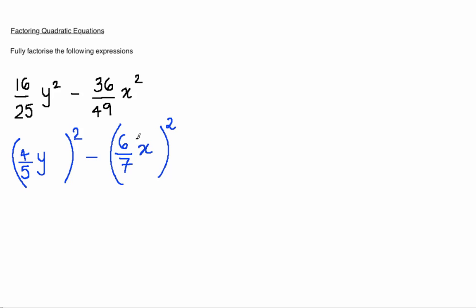So now that we've decided what the two expressions that are squared are, we can write this out in a factorised form. You write out your two brackets with the first expression written at the front of the two brackets. So 4 over 5 y and 4 over 5 y.